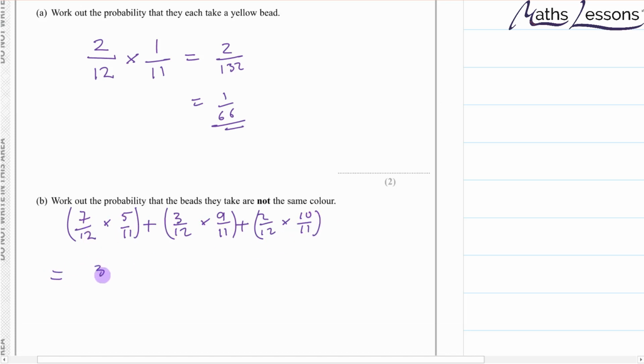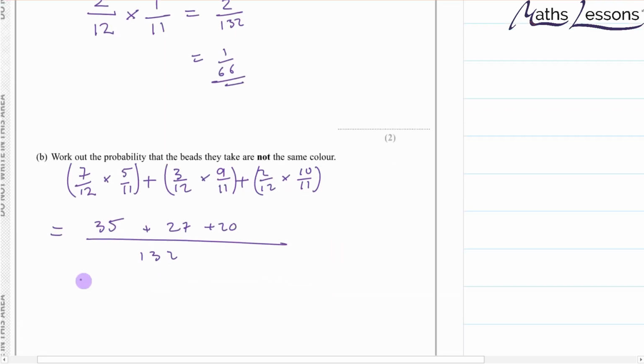So we've got 35 over 132 plus 3 times 9 is 27 plus 20. And add those together. We get 82 over 132, which we can cancel down to 41 over 66. And I can't think of any way to cancel that one down further.